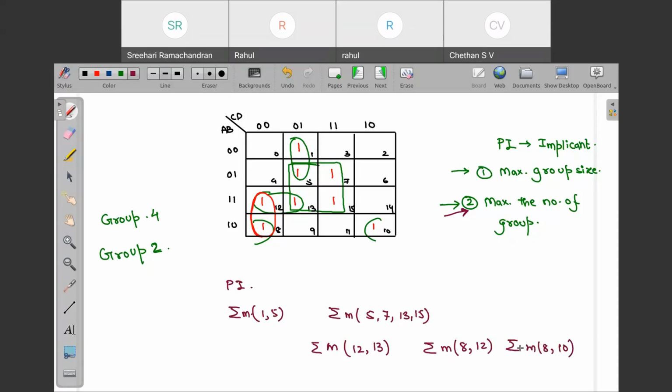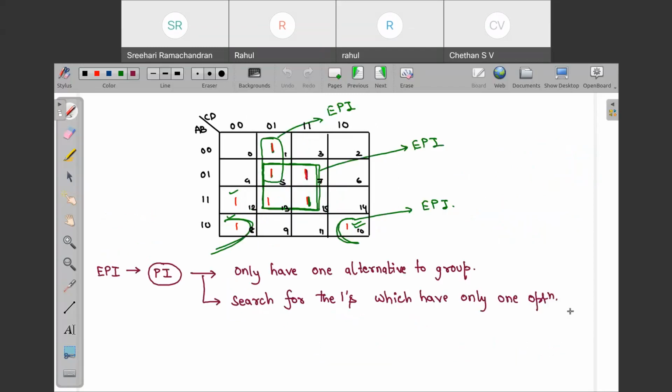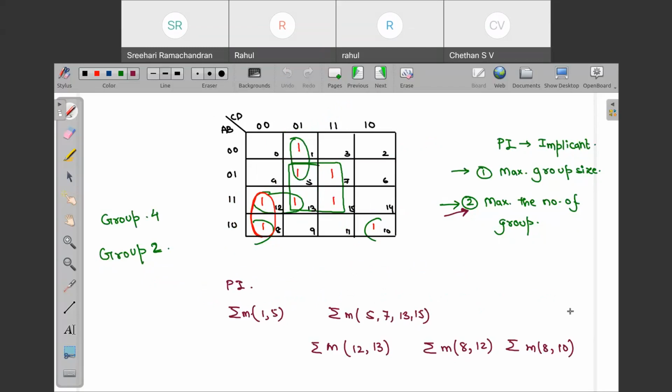So there are in total 1, 2, 3, 4, 5 prime implicants, and how many essential? 3 essential prime implicants in this.